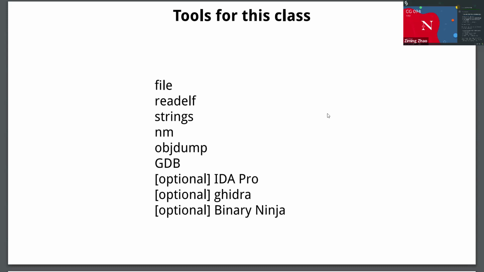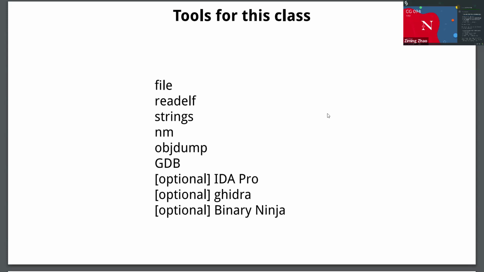But you can also use other tools in your homework and in the CTFs. I recommend Binary Ninja, the cloud version. It's free and very easy to use. You don't need to install anything. Just register an account.